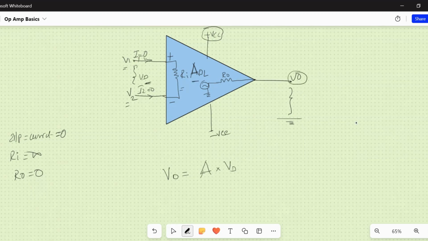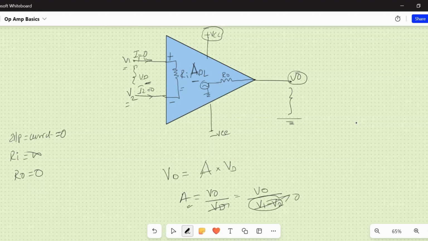So fine. If that is the case, what is A with this formula? It is nothing but V naught by VD. VD is nothing but the difference of these voltages, V1 minus V2. If this voltage becomes zero, then the amplification will become infinity.